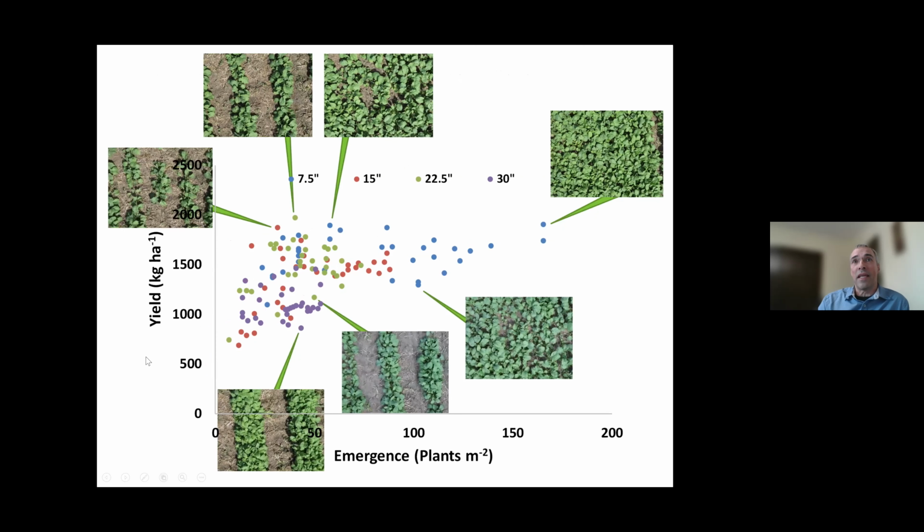Now, if we look at these stands themselves, we see that they look very different. Here we've got a 7.5 inch row spacing stand, and there's not a lot of bare ground to be seen. So from a weed competition perspective, this is fantastic. On the other hand, when we get to 22.5 inches or 15-inch row spacing, we can still pull off some fantastic yields, but we need very good weed control here.